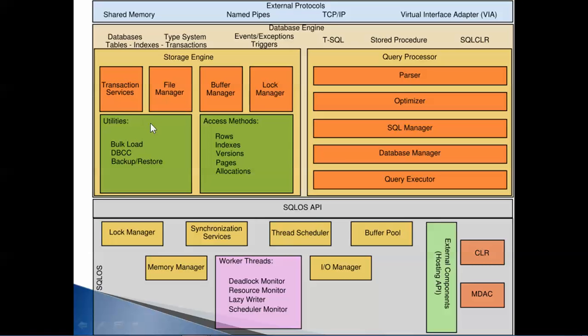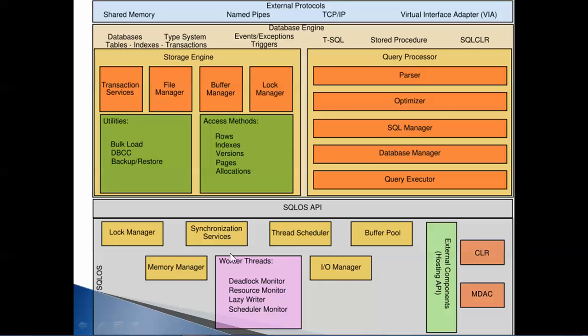And then we also have the SQL OS. This is the SQL OS API, where we have the lock manager, memory manager, synchronization services, thread scheduler, IO manager, and buffer pool. These are the different processes which we have. The worker threads associated are the deadlock monitor, resource monitor, lazy writer, and schedule monitor.